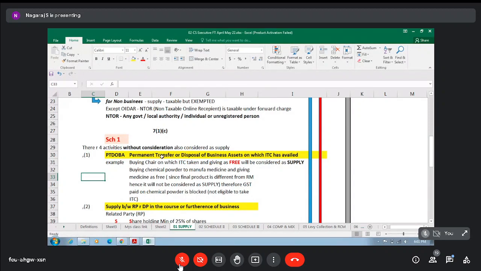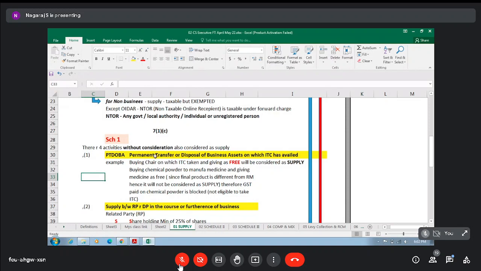Permanent transfer means what? Sale. That means the ownership is transferred. Okay. Title will be transferred.